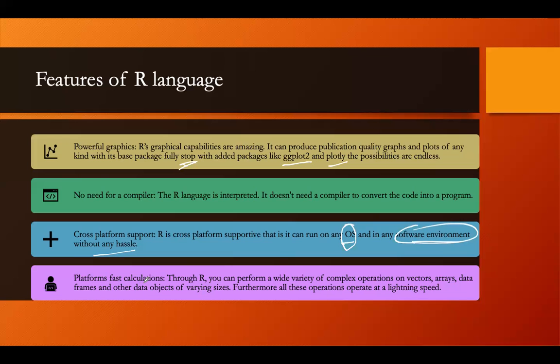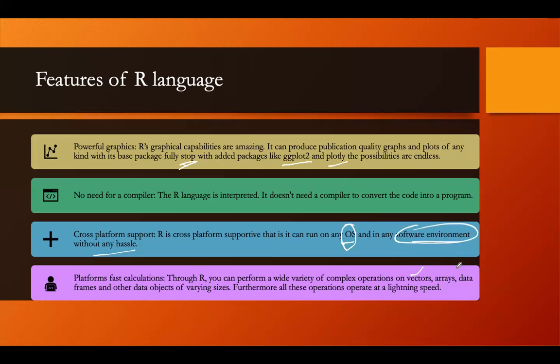Fast calculation. Now here for R, the calculation and all we can do in a fraction of a second. So it has a very powerful data structure as well as calculation pattern by which we can get the result very quickly. So through R, you can perform a wide variety of complex operations on vectors.